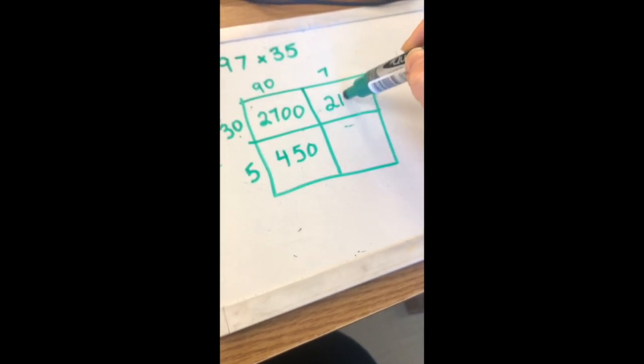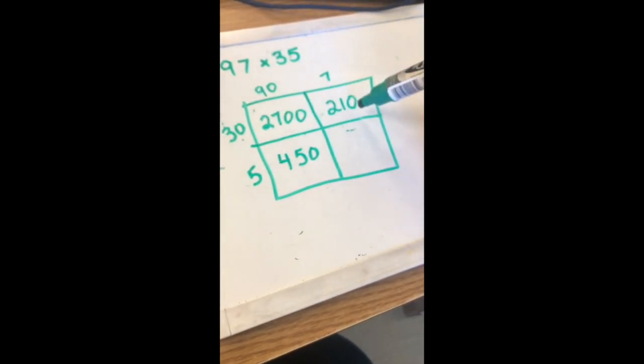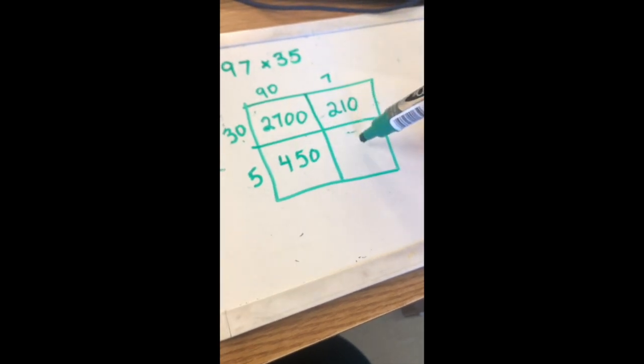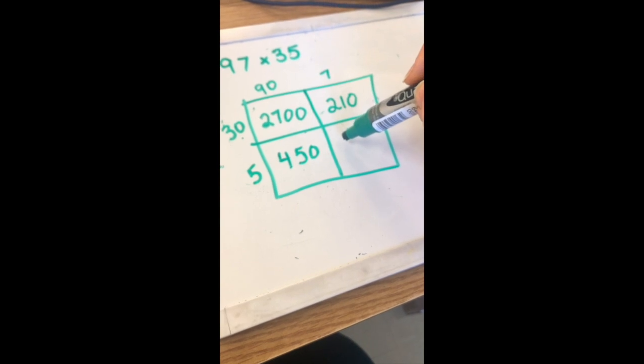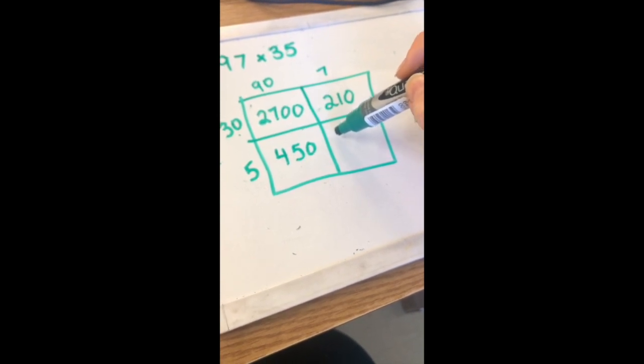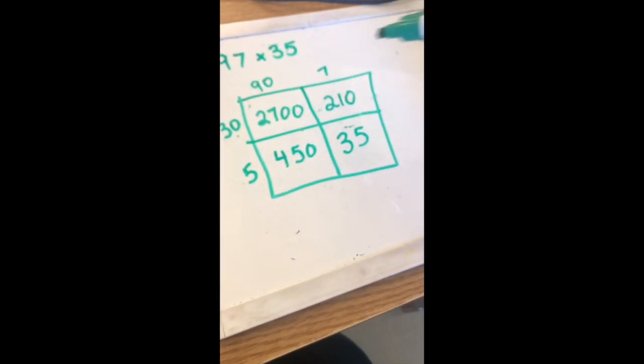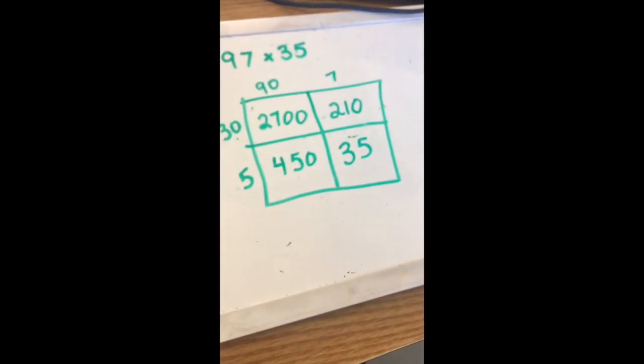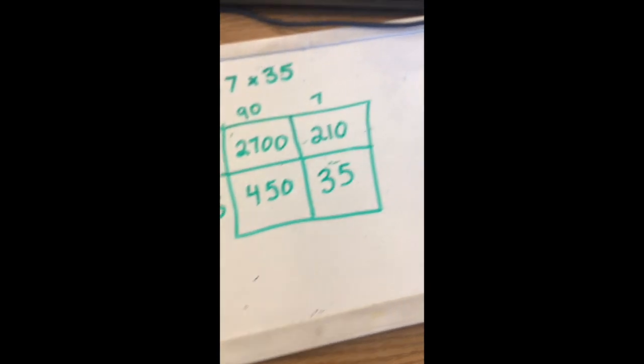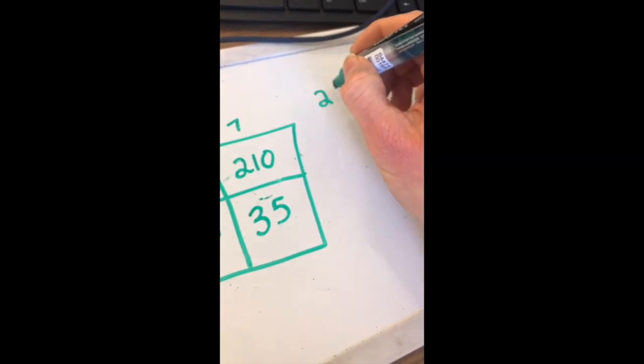And then I just add a 0 because it's 30 times 7. 5 times 7, now there's no 10, so it's just 5 times 7. 5 times 7 is 35. Now I've done all my multiplying. My next step is to add it all together to make sure it makes sense. So 2,700.